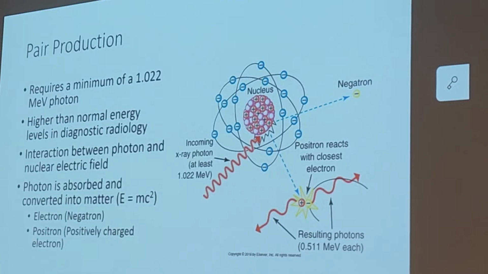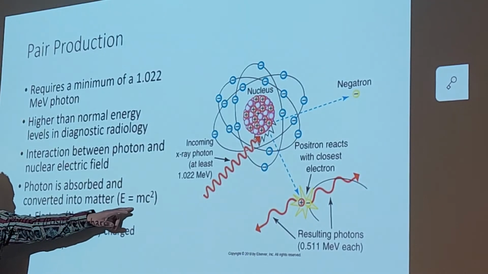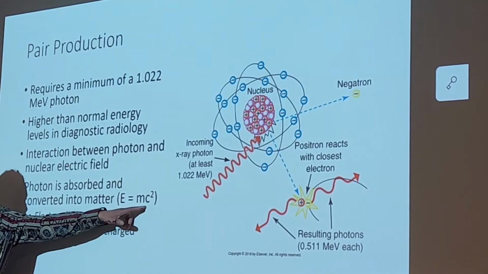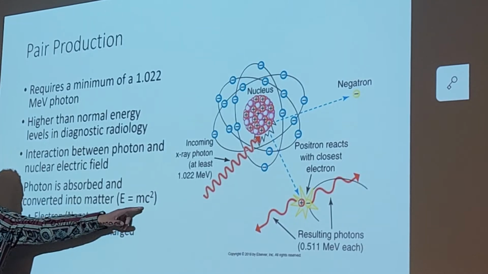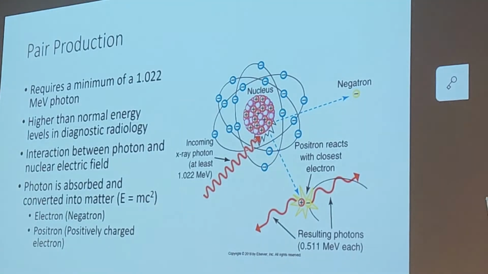Rather, electron. Yes. And this might be another test question: what is the equation of matter? It'd be energy equals mass times C squared. What is C? Great question. C is the speed of light.